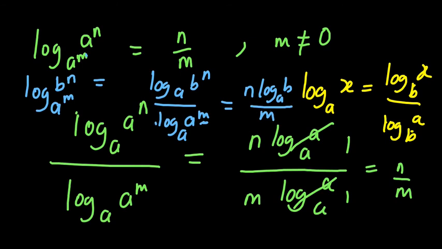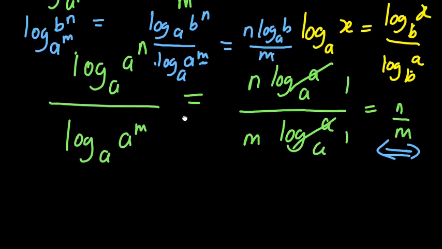So this will be our result. But here, for n over m, it's for this question with log base a to the m of a to the n. That's another interesting property.